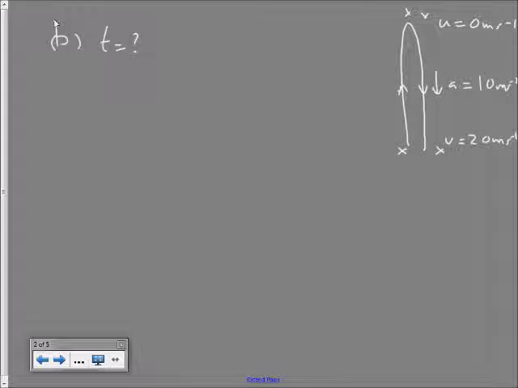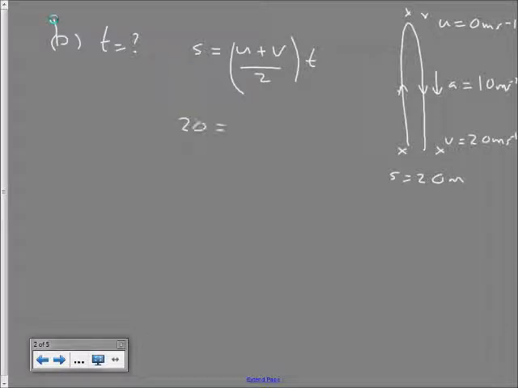So what's t going to be? Which equation are we going to use? That's the first thing. We also have figured out the distance as well. We know that that's 20 meters. So we've got lots of choices as to which equation we might choose. Probably the easiest one to go for is s equals u plus v over 2 times t. So 20 equals u, in this case 0, plus v, which is 20, divided by 2 times t.